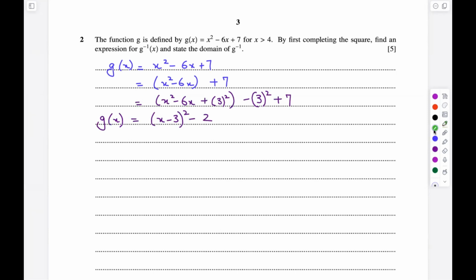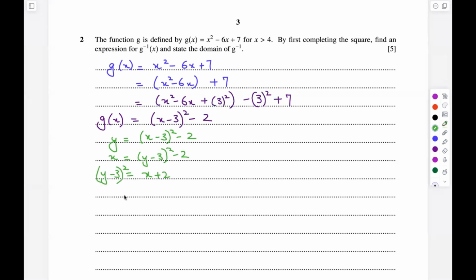Now to find the inverse, we first write y in place of the function. So in this case, the function is g(x), so this will become y = (x - 3) whole squared - 2. Now interchanging x and y, this will become x = (y - 3) whole squared - 2. Taking 2 to the left hand side, we'll get x + 2 = (y - 3) whole squared.